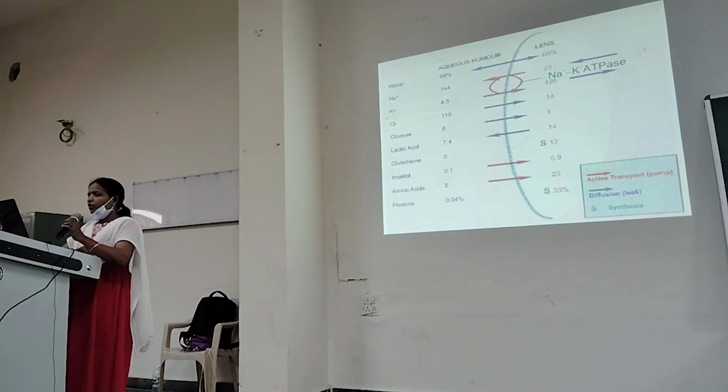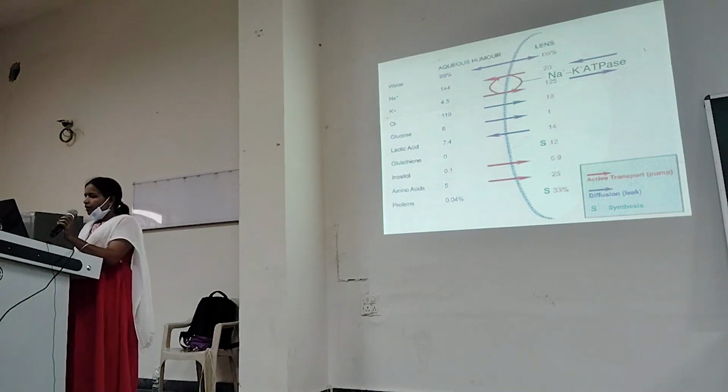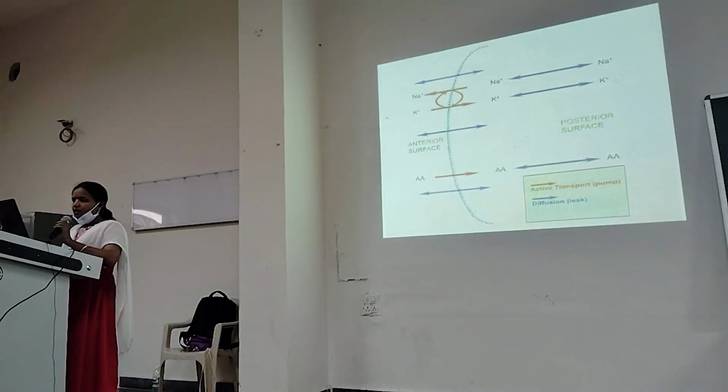There is a sodium potassium pump, sodium is extruded out and potassium is taken in, glucose is taken in, lactate is sent out, and amino acids are taken in from the aqueous humor. This is in detail about the transport mechanisms, active and passive transport.